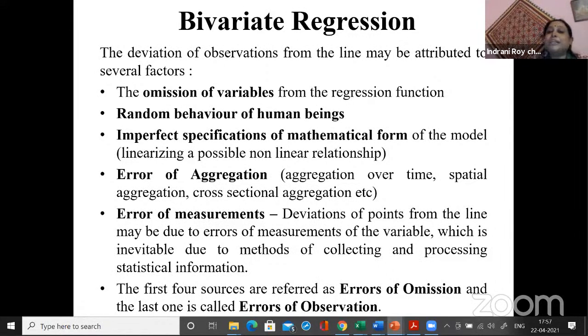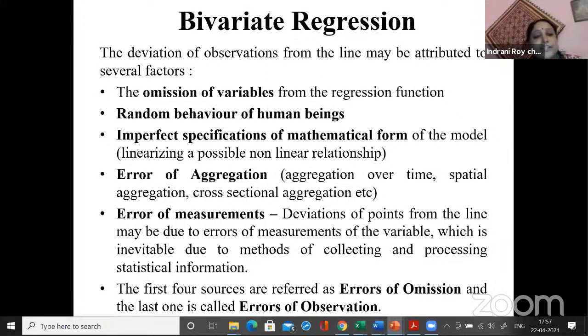They are much more non-linearly related, but we fail to understand that, and therefore we don't incorporate that non-linearity in the regression exercise. And if you fail to incorporate the correct specifications or mathematical forms, you actually commit some errors, and those errors get accumulated in the disturbance term.